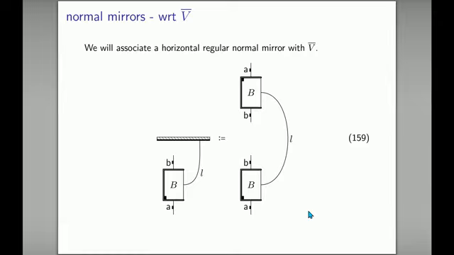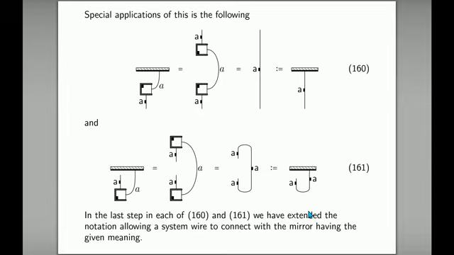You can also define mirrors with respect to the normal vertical adjoint, and that's just the natural definition. You say this, but then you also have to say what it means if you attach wires to the mirror. I don't want to spend too much time on this, but it's the same kind of basic principle as before.